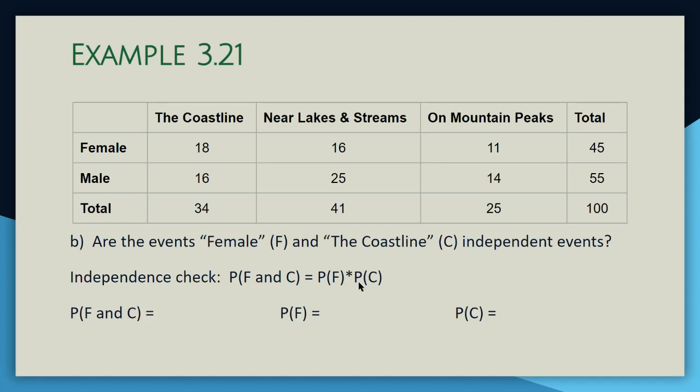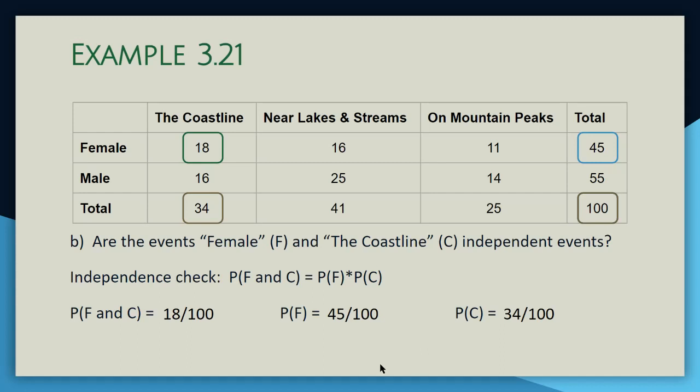So P(F and C), we look in the table. Female and coastline is 18 over 100. For the next one, I'm looking for all females, so that's 45 over 100. And then P(C) is all coastline, so that's 34 out of 100.